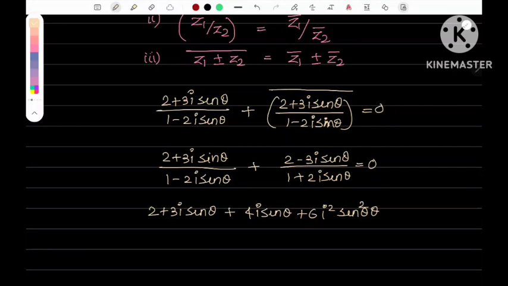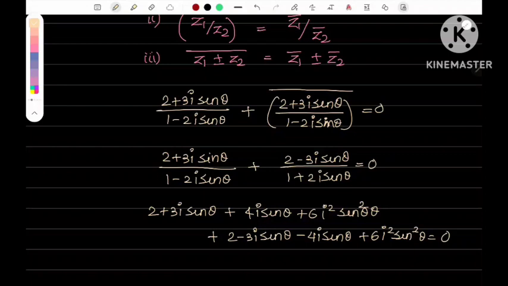Okay, this multiplication, plus 2 minus 3i sin theta, 2i sin theta minus 4i sin theta, and minus minus plus, 2 into 3 is 6i square sin square theta, equal to 0.